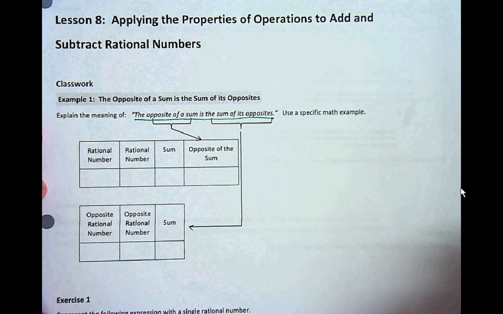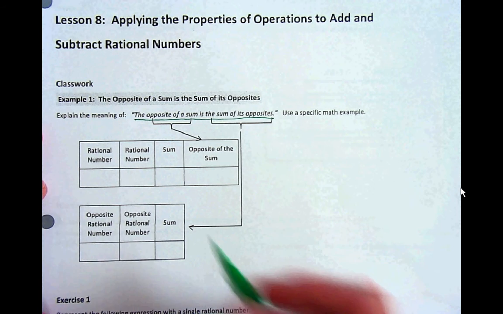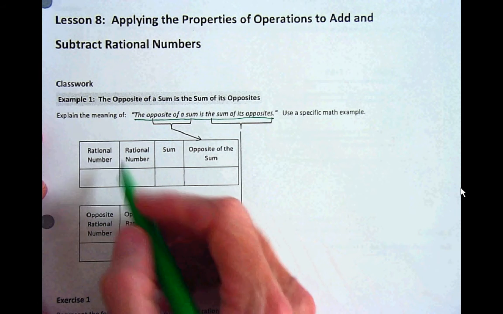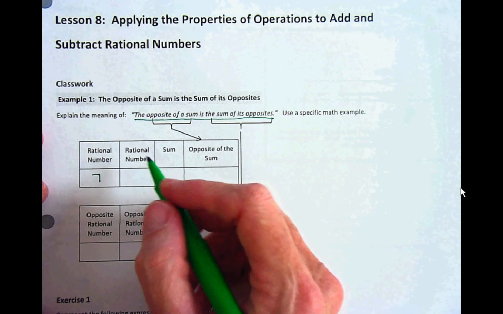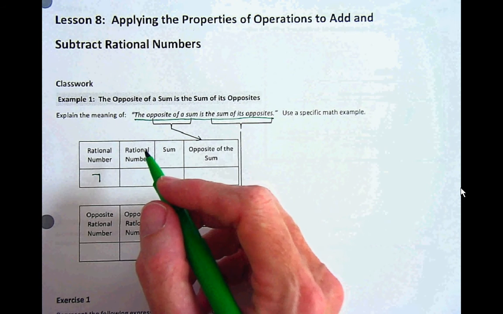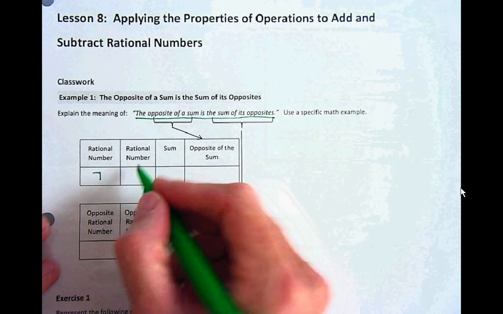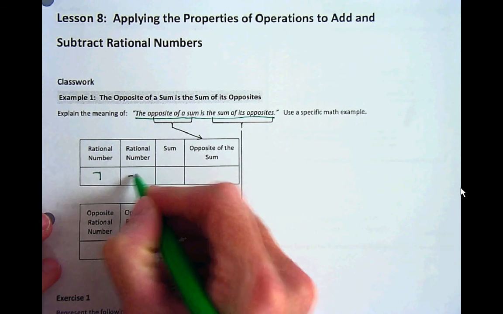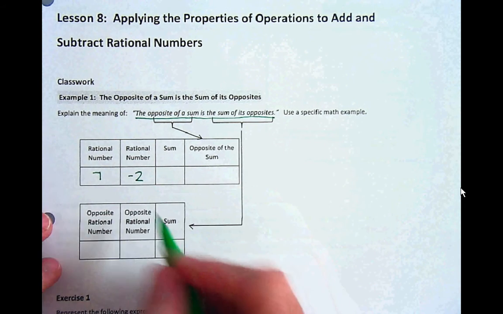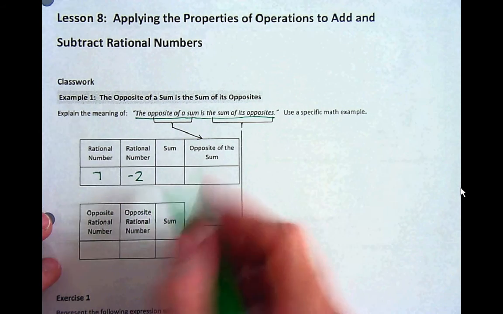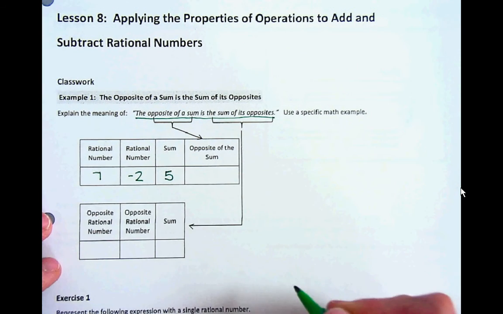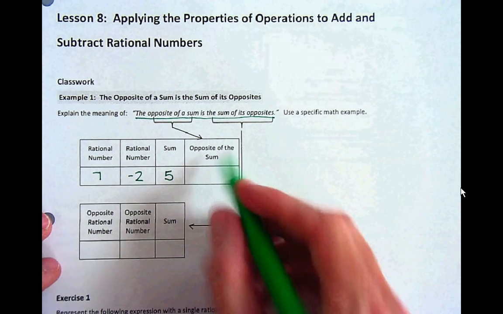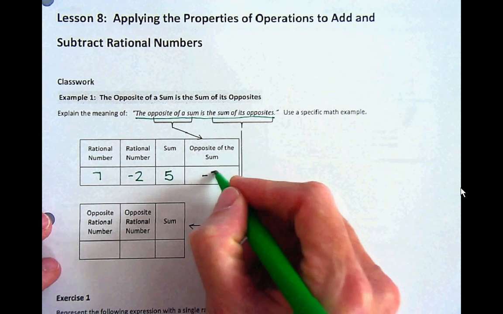So let's say the two numbers that we pick are 7 and minus 2. Well, if we add 7 and minus 2, we get 5. Now, the opposite of 5 would be minus 5.